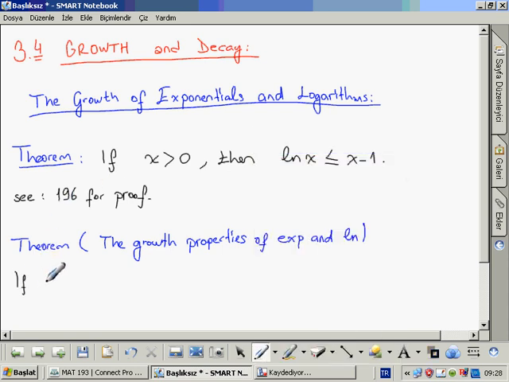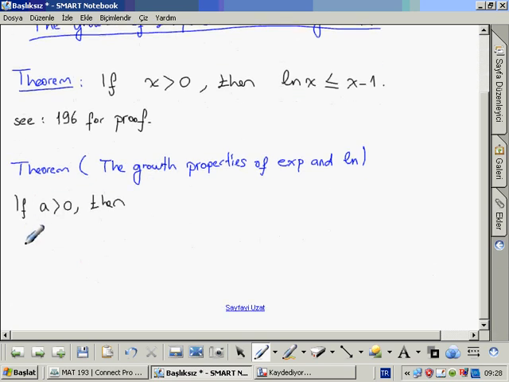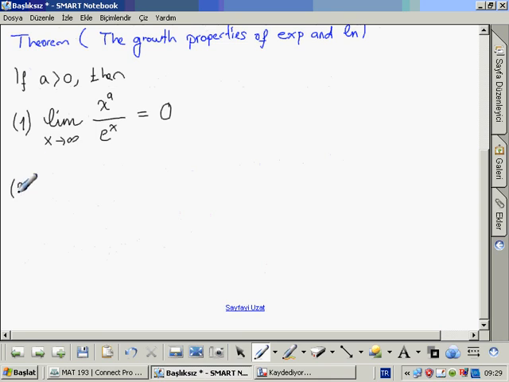If a is larger than 0, then first, the limit as x goes to infinity of x to the power of a over e to the power of x equals 0. And the second property means e to the x goes to infinity faster than the numerator part.